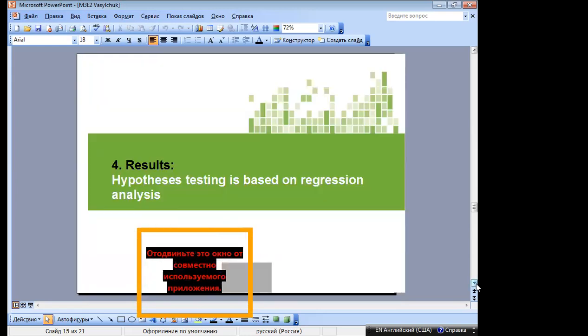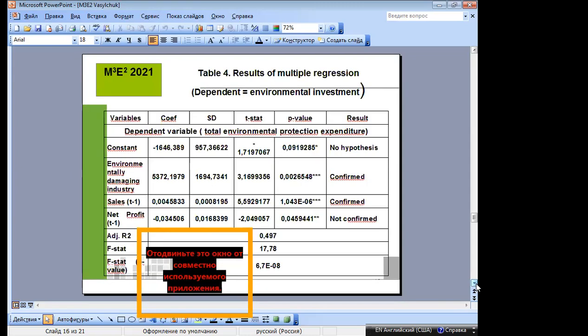Hypothesis testing based on regression analysis. To answer the questions about determinants defining the amount of costs and investments in environmental protection, regression analysis was performed according to the identified hypotheses 1, 2, 3. Slides 16 and 17.